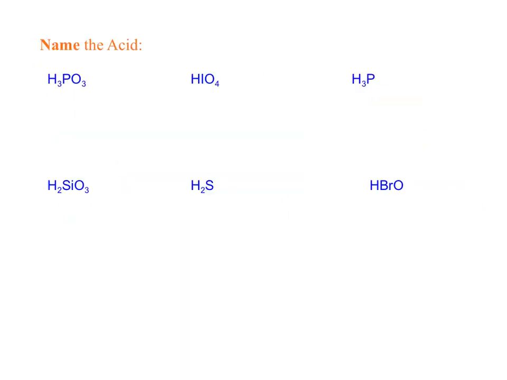So let's work on naming acids. I see the H. All of these are acids beginning with an H. And so here I see a polyatomic, PO3. So I'm not going to say hydro. I'm going to go look up the name of PO3, which is phosphite, ite, and we know ite goes to ous.